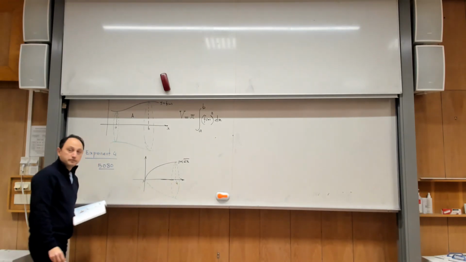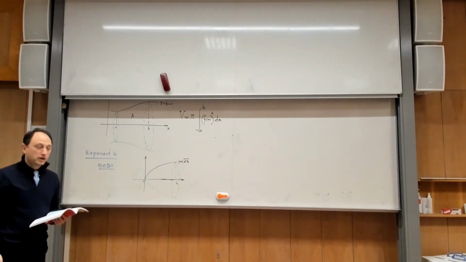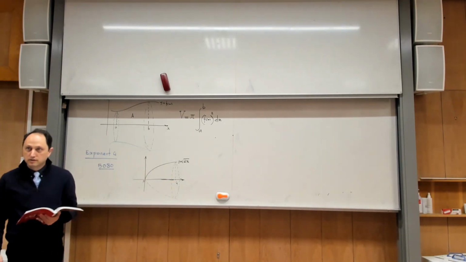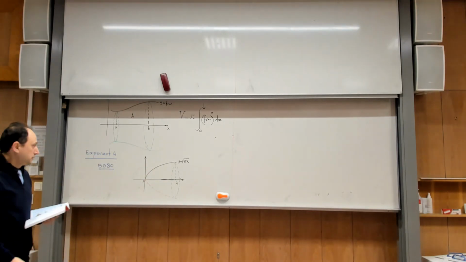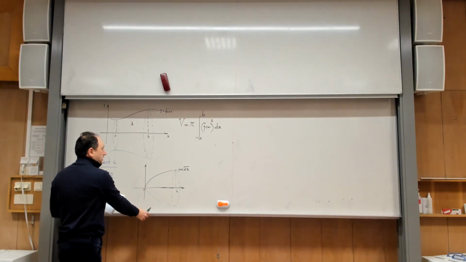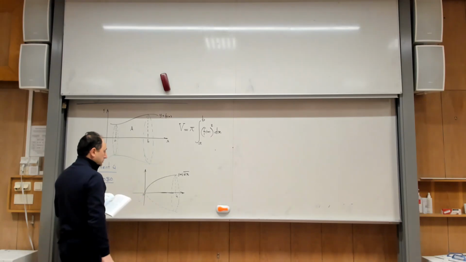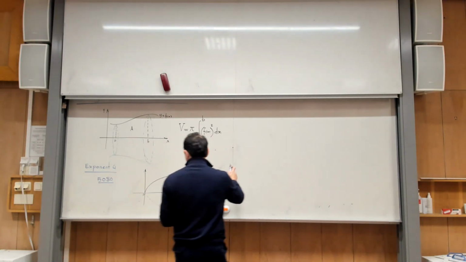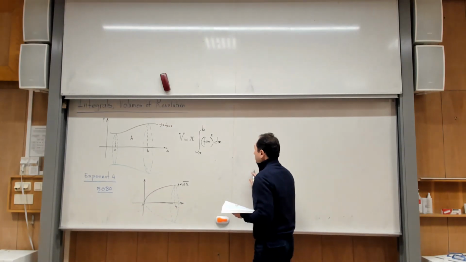Something like this. And then you are supposed to find the volume of this object. Is that possible to visualize or not? Yes? So something like this. And then you want to find the volume of that one. So it's a very, very simple problem. Yes? You need to take this formula, V.